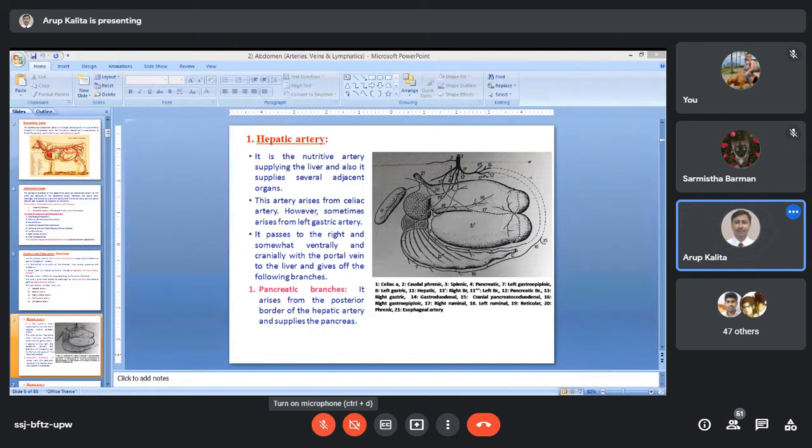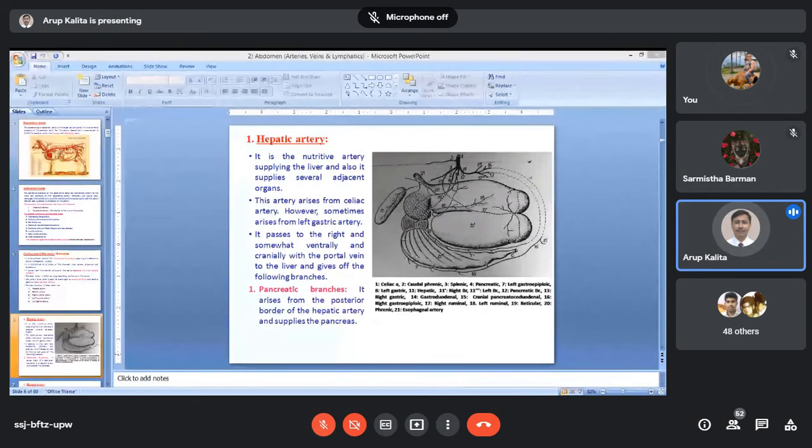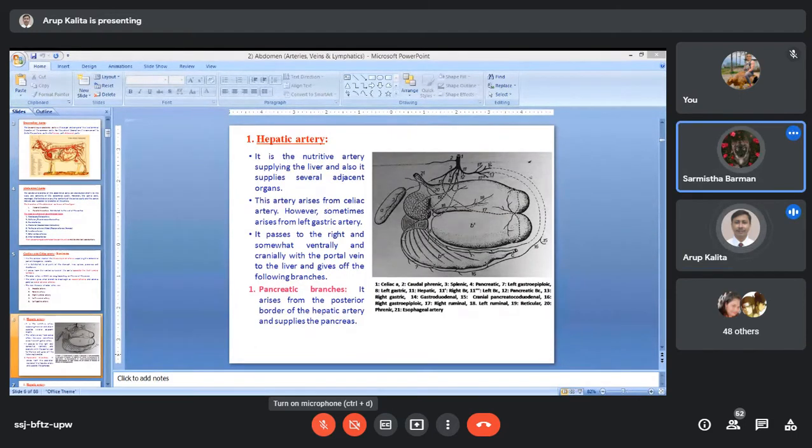Pancreatic branch. Where does the pancreatic branch arise from? Hepatic artery. Where does the hepatic artery arise from? Celiac artery. Where does the celiac artery arise from? Abdominal aorta. Yes, abdominal aorta.